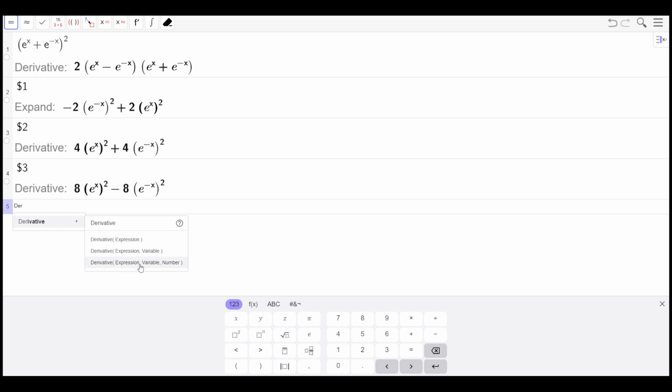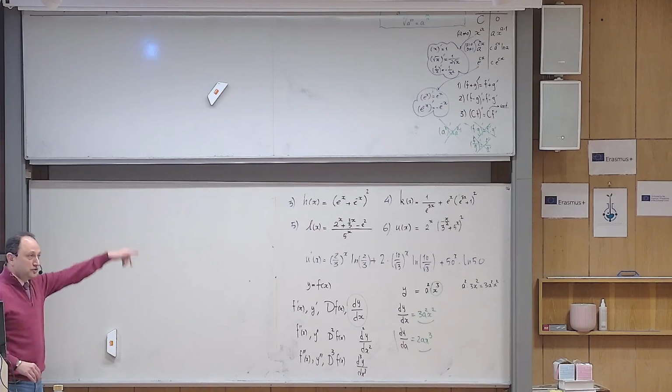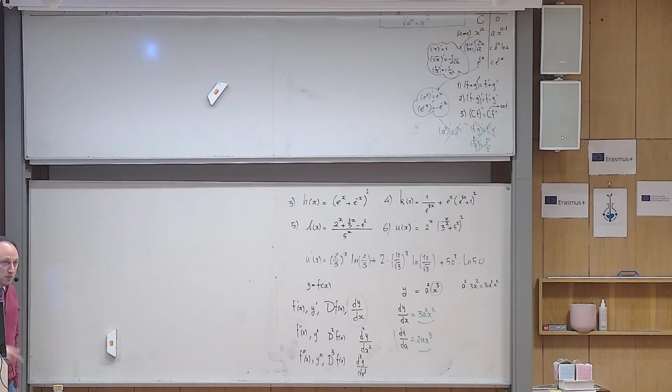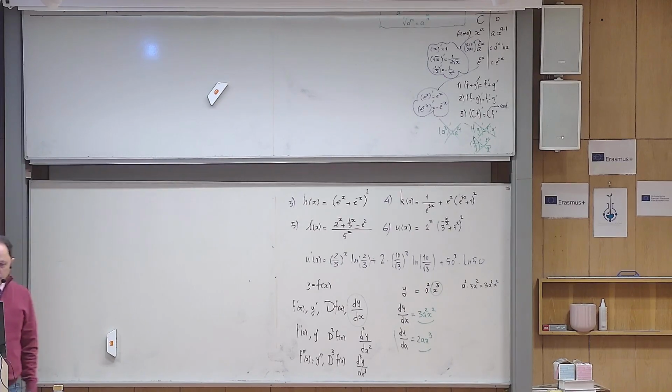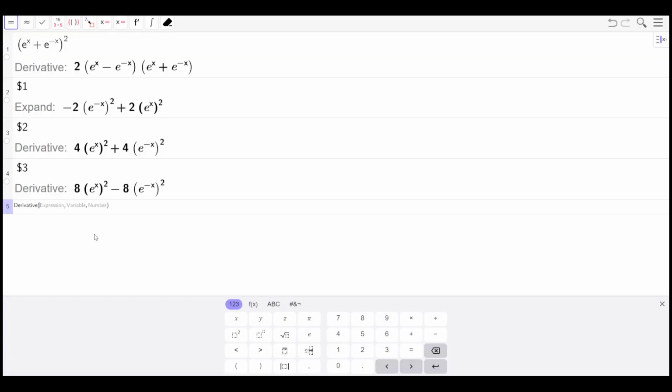Derivative, expression, variable, number. This is a little bit misleading. I was also confused myself. This number is not the number that you put in for x. It is the number of derivatives that you are interested in. So for example, for the expression, if you don't mind, let me write a function.